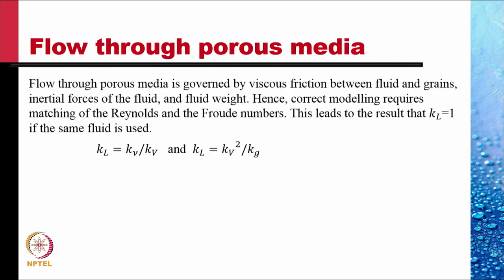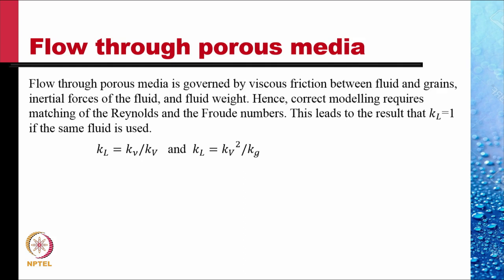Let's do one more detailed example. Flow through porous media is governed by viscous friction between fluids and the solid grains of the porous media, the inertial force of the liquid, and the weight of the fluid. Hence, the correct modeling requires matching of the Reynolds and Froude numbers.